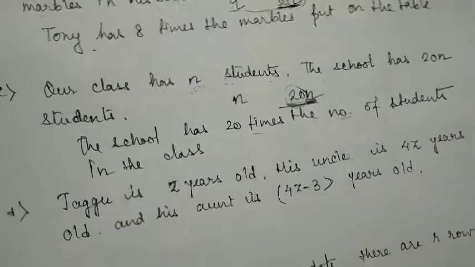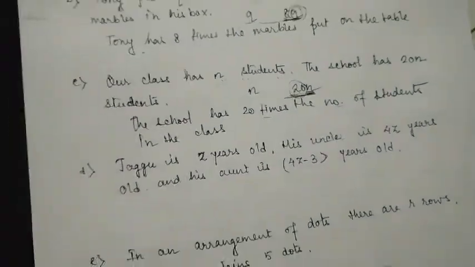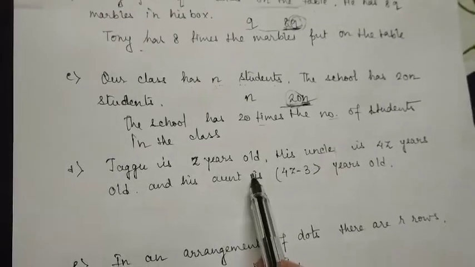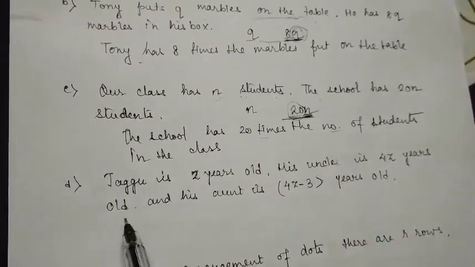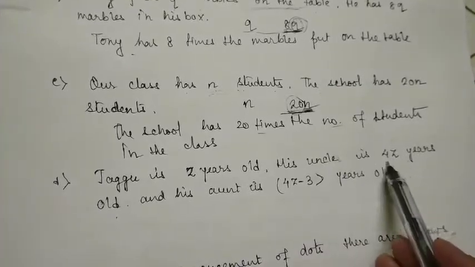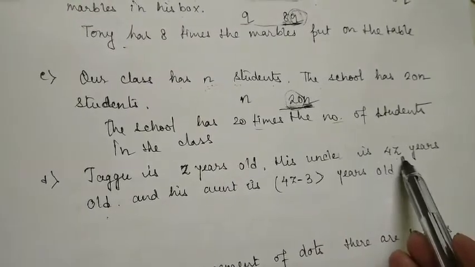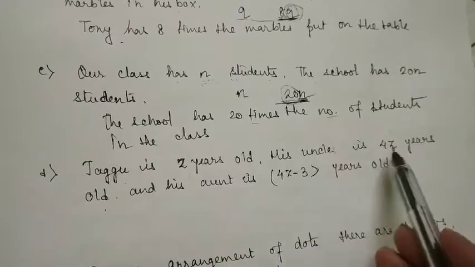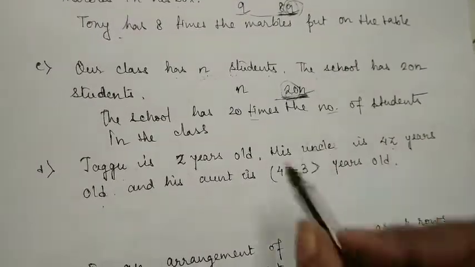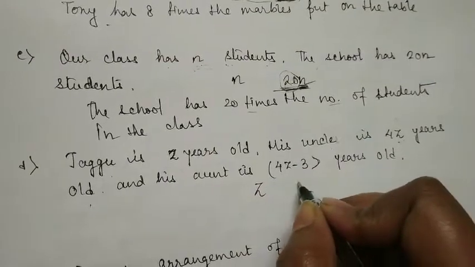Okay. Now, in the next part, Jaggu is Z years old and his uncle is 4Z years old. 4Z means 4 is multiplied by Z, and Z is whose age? Jaggu's age. So what is the uncle's age? 4 times Jaggu's age. What is the relationship between Z and 4Z?